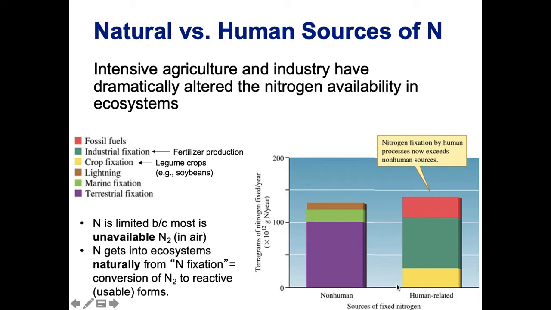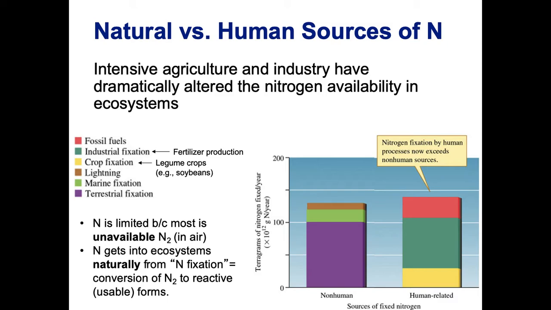These are the human-related sources. And so we see yellow are the crops. So this is mostly those soybeans that we're planting to fix nitrogen for us. This is industrial fixation. This is fertilizer production. And so we learned how to do this by burning lots and lots of fossil fuels to take the nitrogen out of the air and make it available. So that's how we make industrial fertilizers.